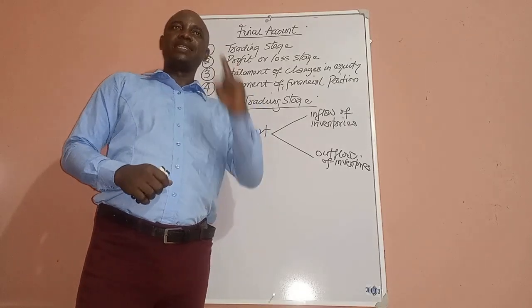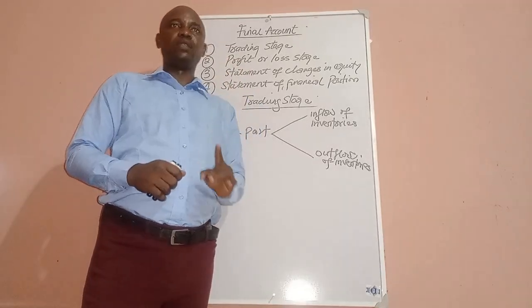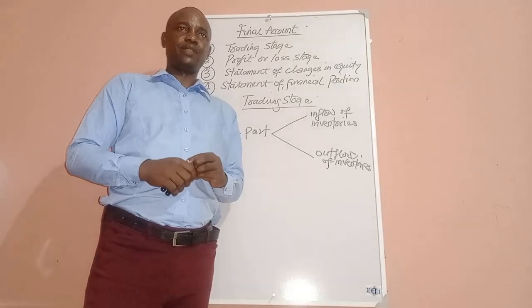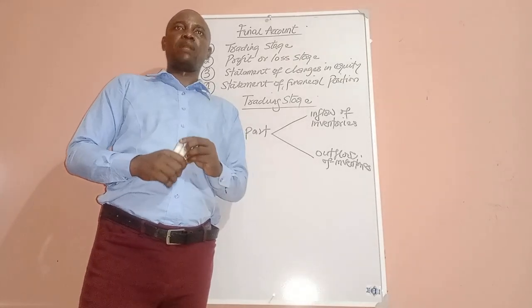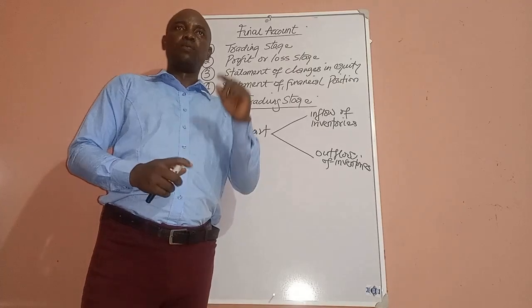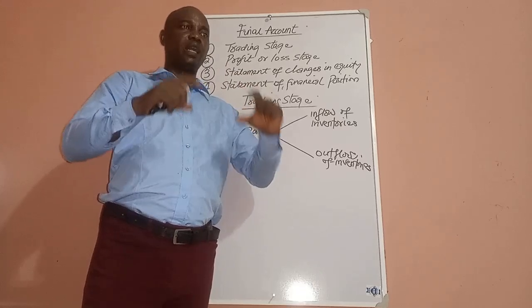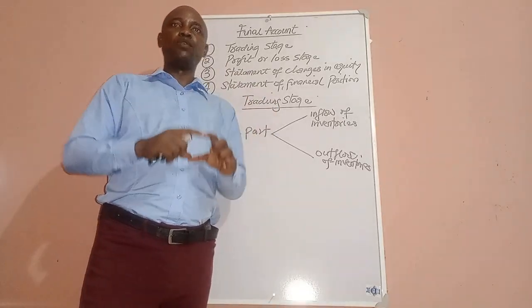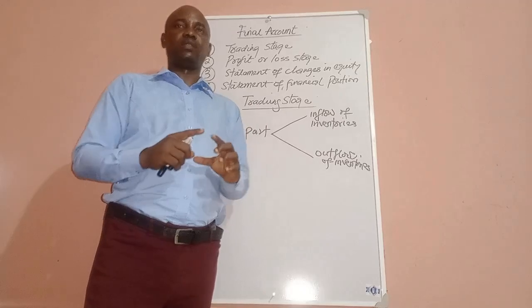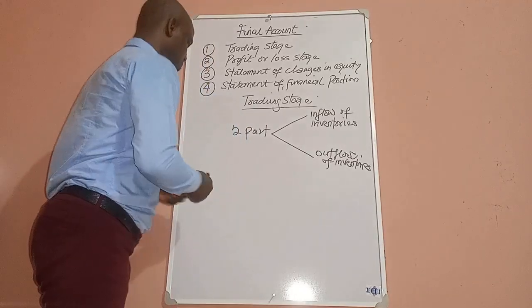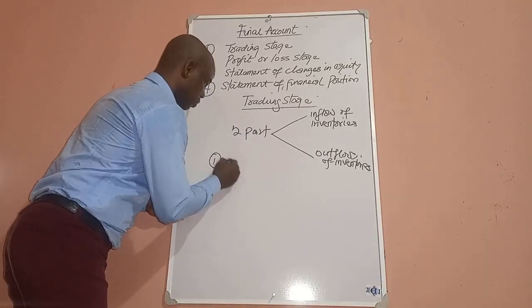The first item we have to talk about is opening stock. Why am I talking about opening stock first? Opening stock is the available stock as at the time you want to start making your sales. So number 1 is opening stock.